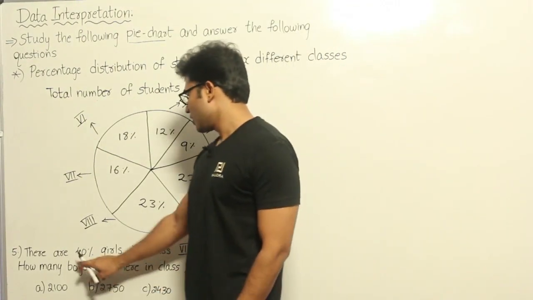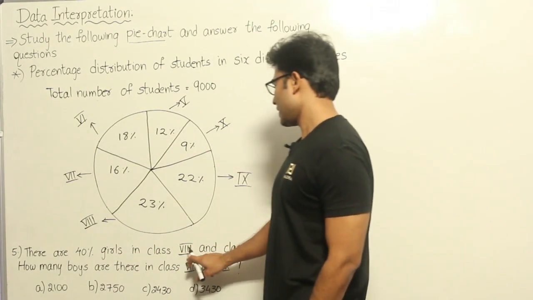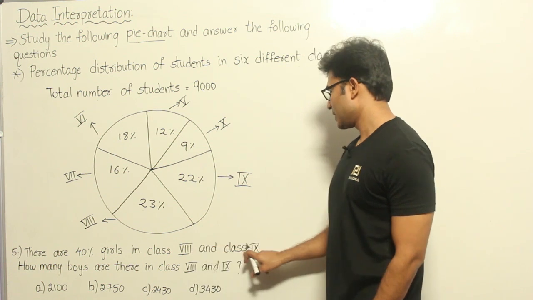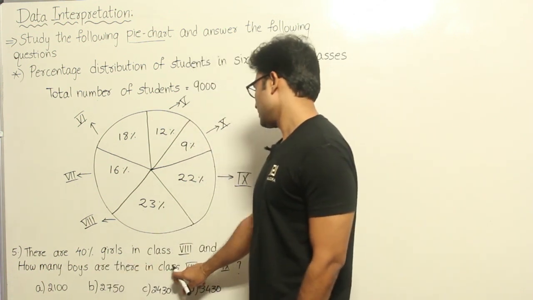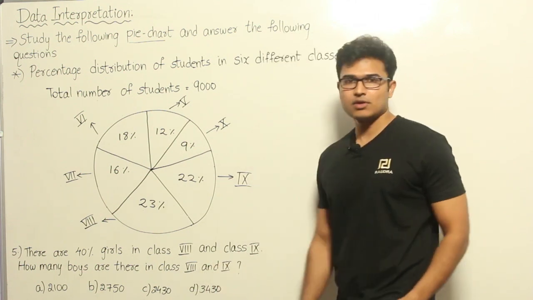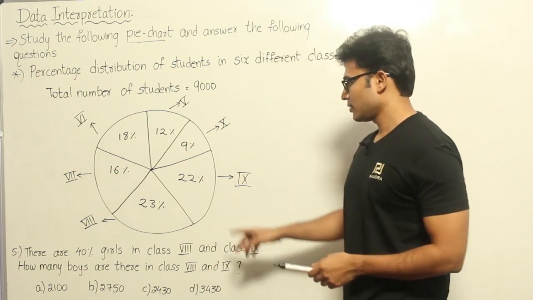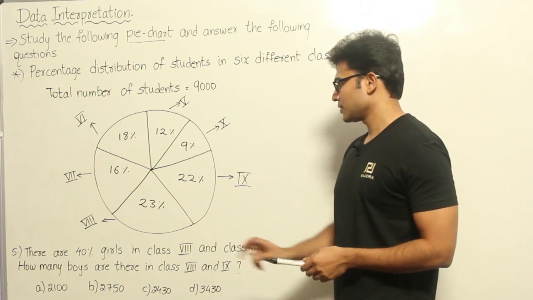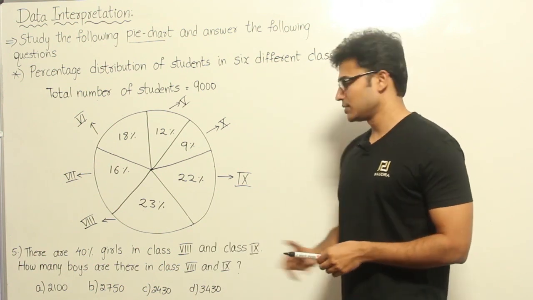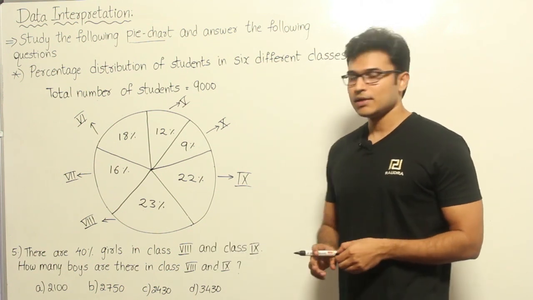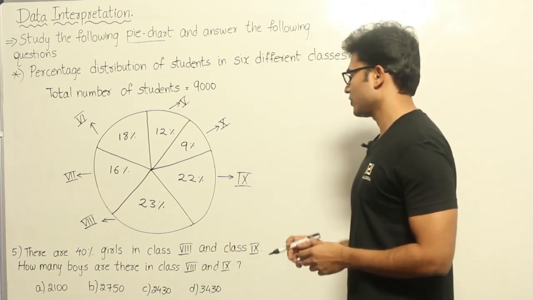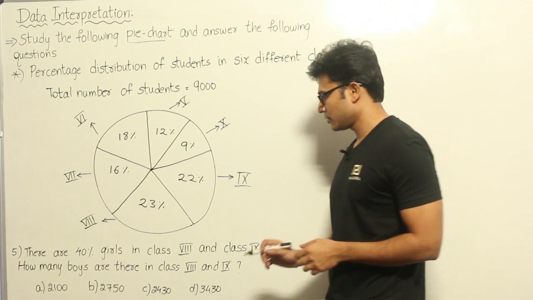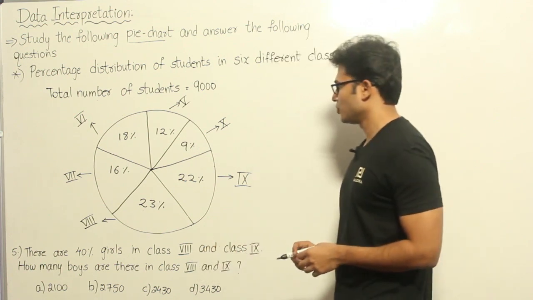Let's see this question. There are 40% girls in class 8 and class 9. How many boys are there in class 8 and 9? So now they are saying that 40% in class 8 and class 9 are the girls, which means 60% of them will be boys. So now we are supposed to find out how many boys are there. So first of all, let's try to find out how many students are there in class 8 and 9 put together.